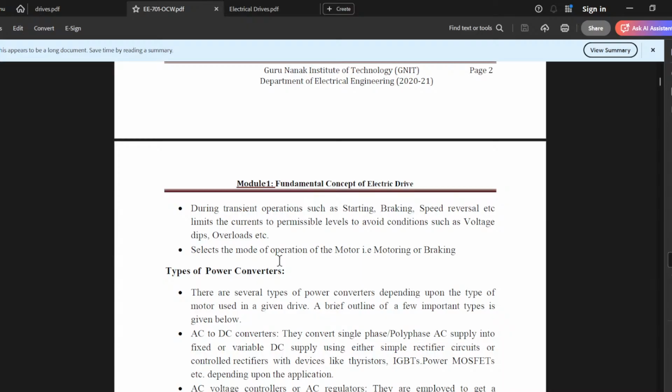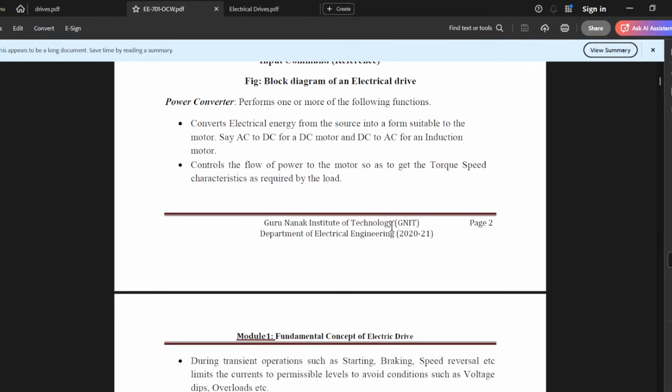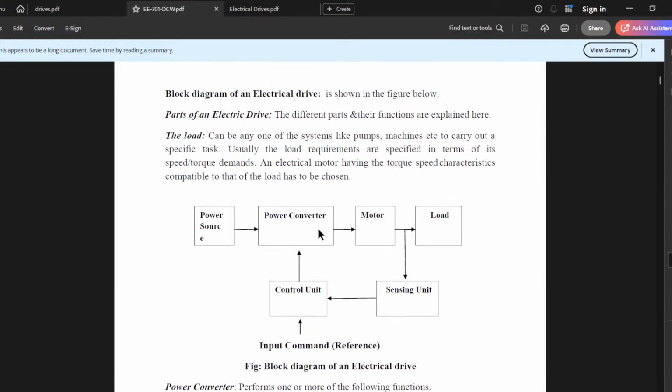For example, the required speed at the node was 1100 RPM, and according to the power converter, the RPM of the system is right now 700. So it will do motoring. It will increase the speed, and even after crossing 1100, it will reach 1150 RPM.